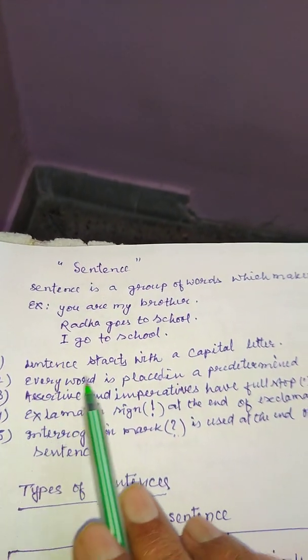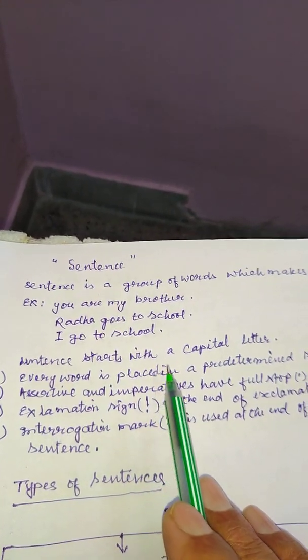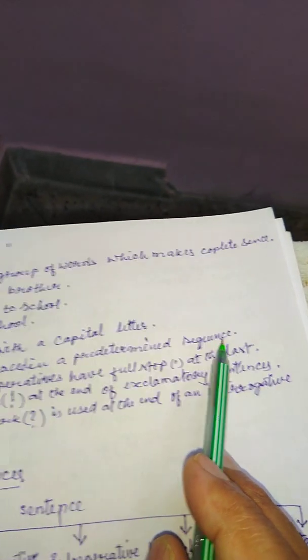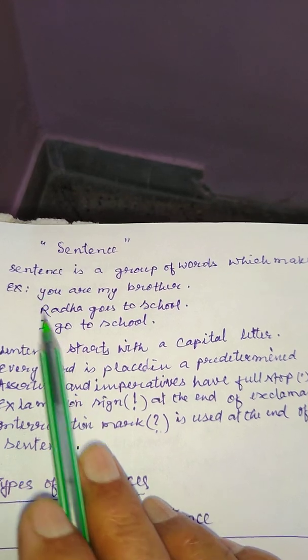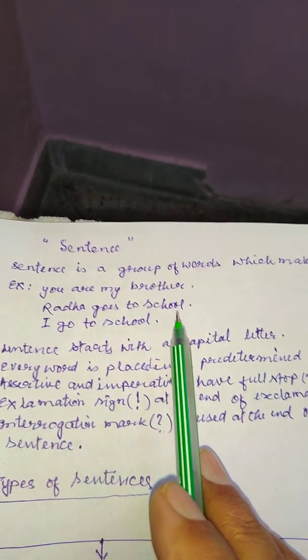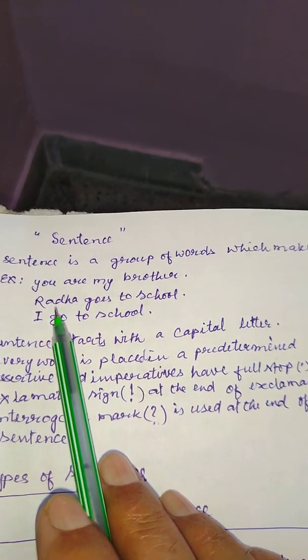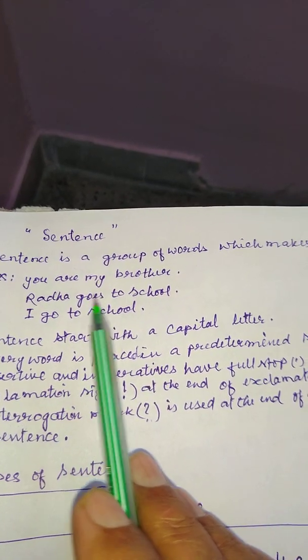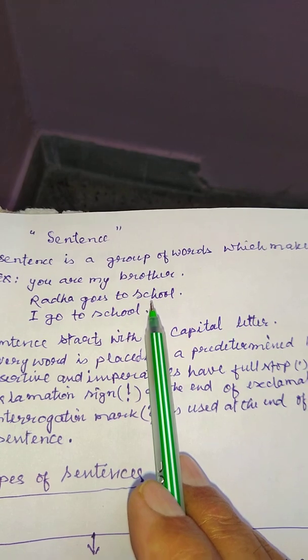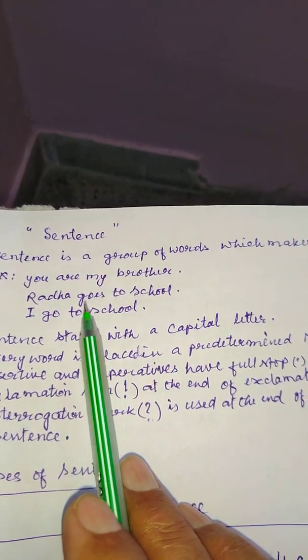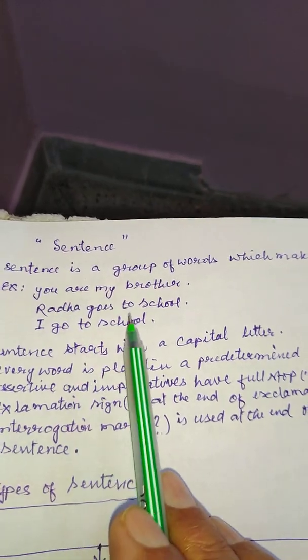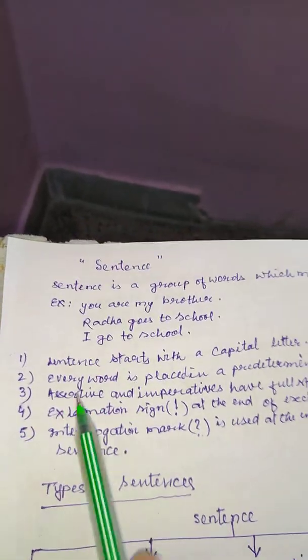Point 2, every word is placed in a predetermined sequence, like Radha goes to school. So Radha, the noun, is the subject, goes is the verb, and to school is the object. So this is a predetermined sequence of the words in a sentence. Hope you have understood.